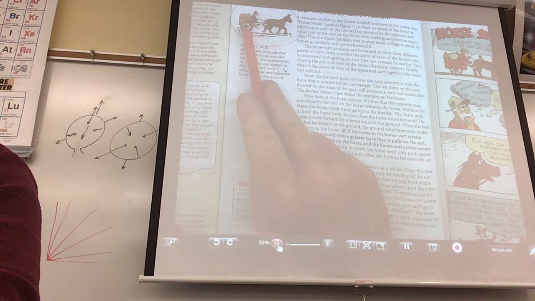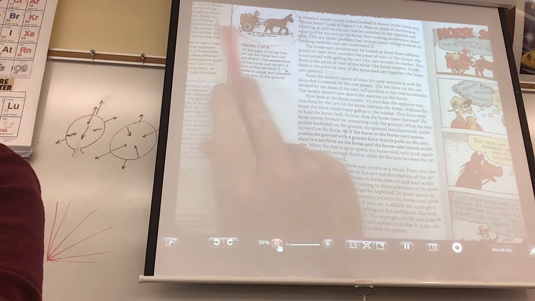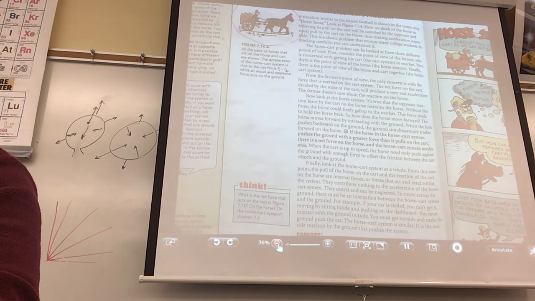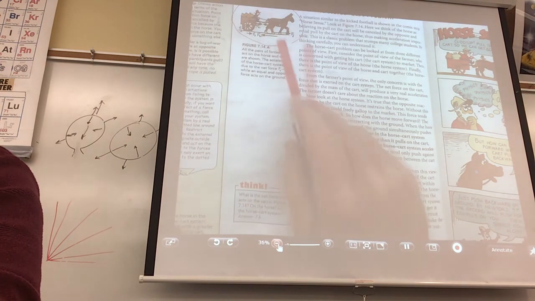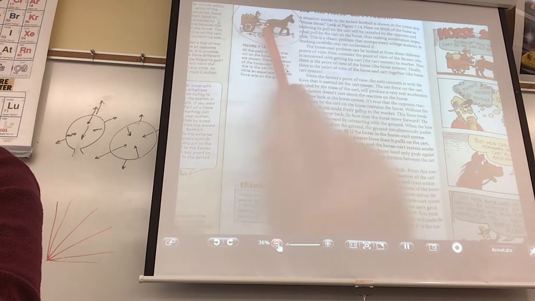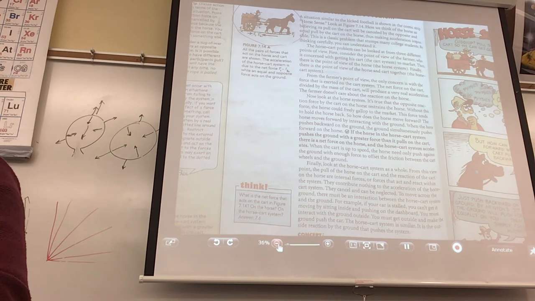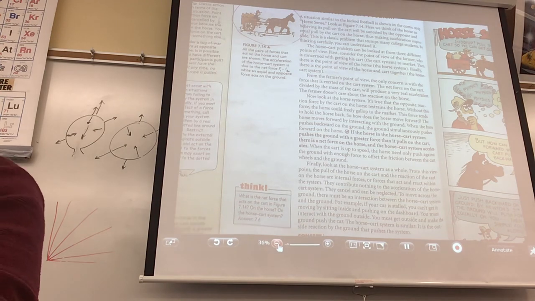Well, I don't know of any situation where it could be greater. I'm trying to think of one. Right now, I can't think of one. Either I push the cart, I don't see how if I push a cart, it's going to make me go backwards. I don't see pulling a cart, how it's going to make me go backwards. I don't know if you can think of some situation. I'll give you some credit for that. Right now, I can't think of a situation where that would happen.